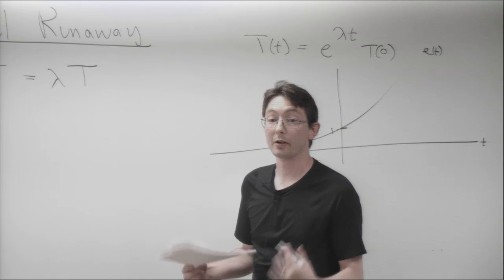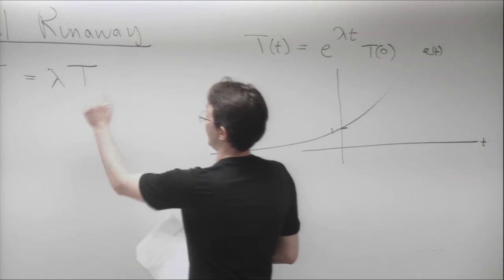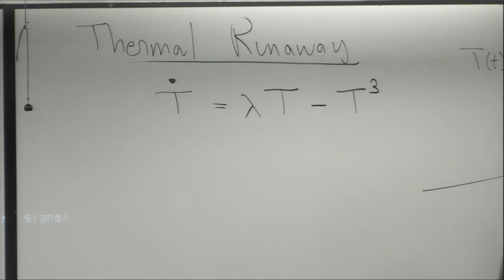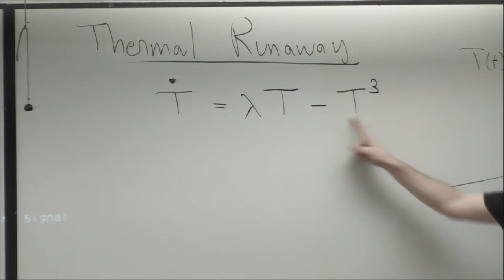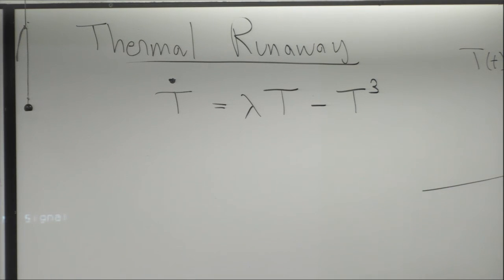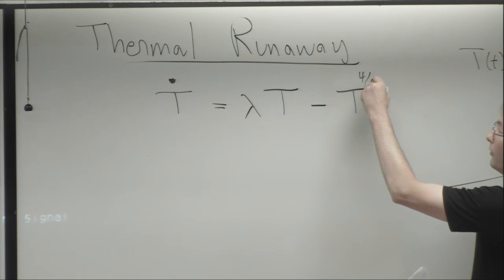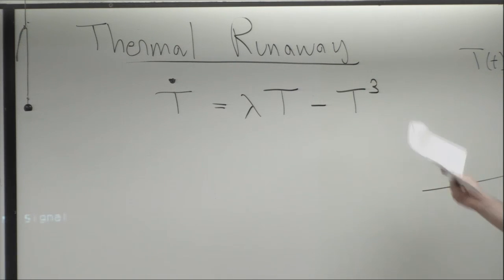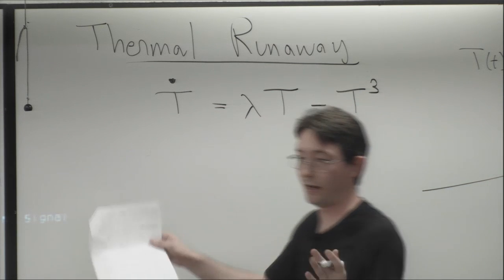Maybe there are higher order terms as a function of temperature, like minus T cubed. So maybe I'm also radiating energy at a rate T cubed, or maybe T to the 4/3, or I forget what black body radiation is, but there's some power of T where bodies radiate out energy, right?